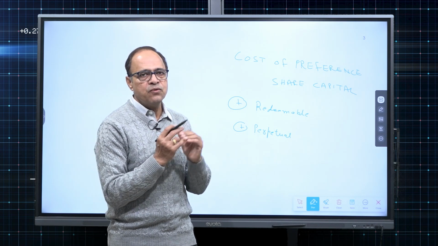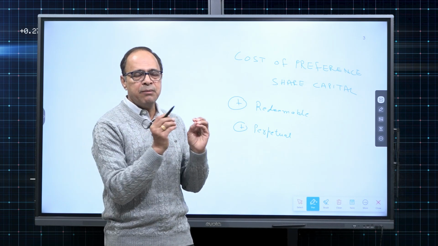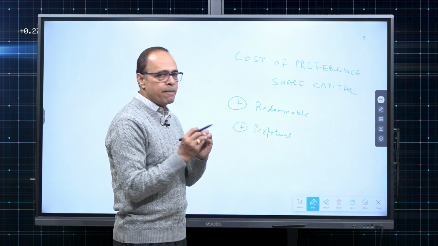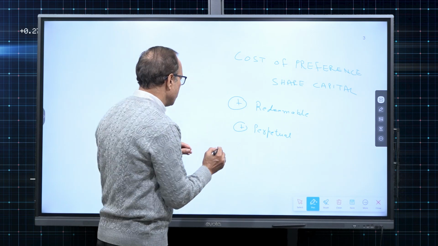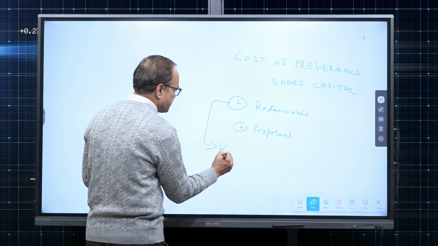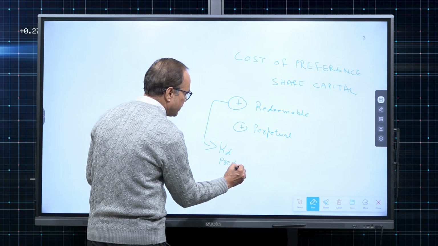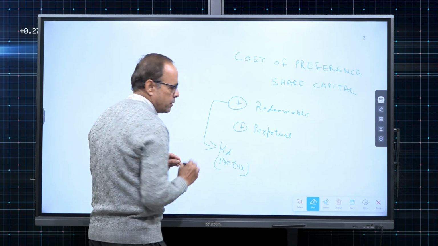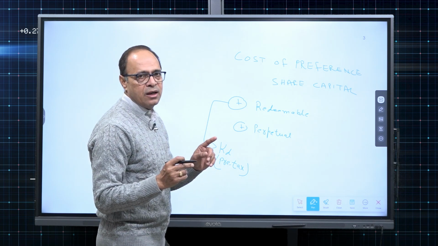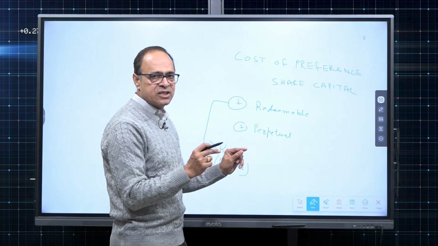Now, for the calculation of cost of preference share capital, the fundamental is simple. Just remember the fundamental of cost of debt. How did we calculate cost of debt? Now, what was the formula for calculating KD before tax, that is pre-tax, in case of redeemable? The same formula will be applied here, but that formula will be for cost of preference share after tax. So, I am writing the formula of KD pre-tax first.